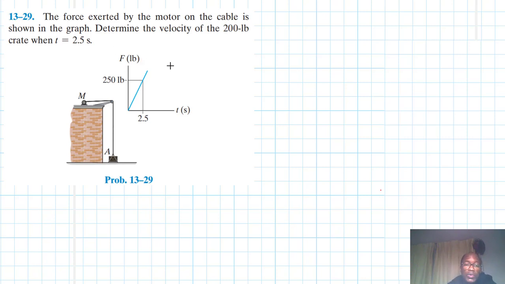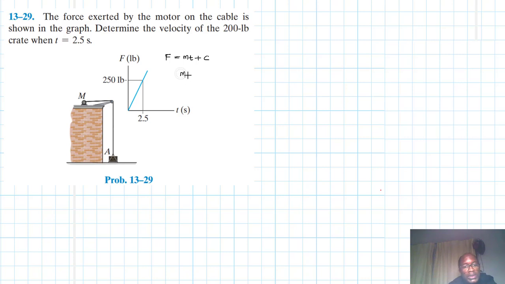So let's write this equation as a function of time. We can write F is just equal to mt plus c. Remember this is from y is equal to mx plus c. Our y is F and our t is x, and then m is the gradient.